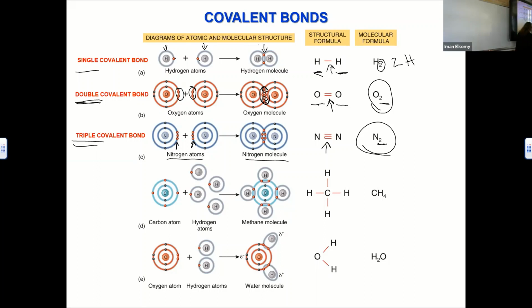Now, I want to take a minute to look at this because this is how you're going to see most of everything. Here I have 1 carbon atom and 4 hydrogen atoms. Each one of these hydrogens will form a single covalent bond with this carbon. I have an electron here, I have one there.